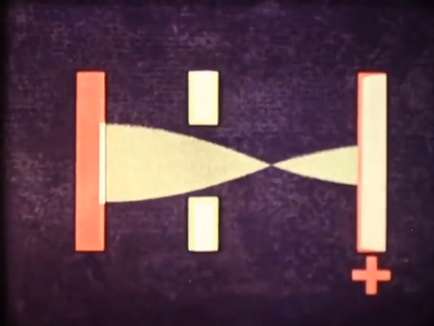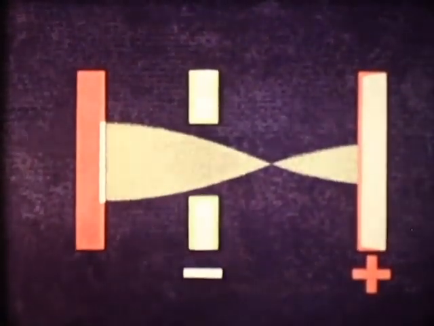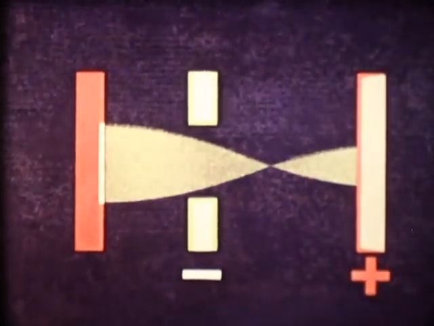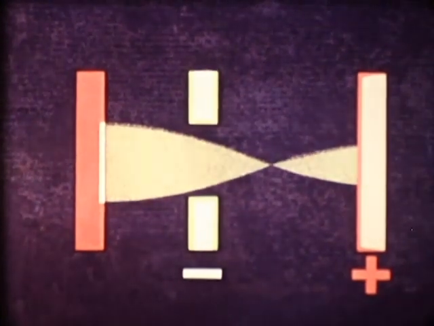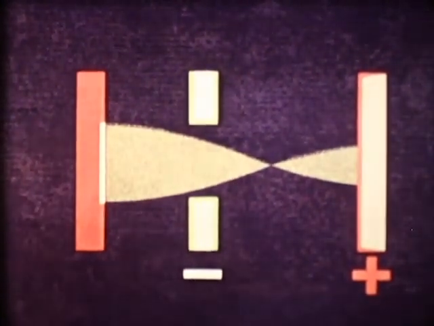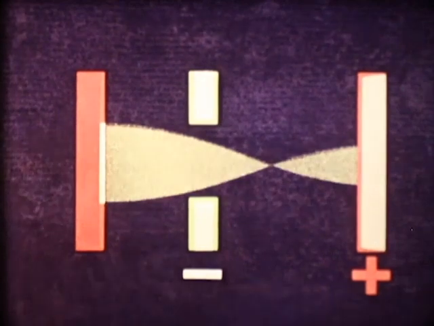Positioned between the cathode and anode is a Wehnelt cylinder, which enables the flow of electrons to be controlled. When the negative charge applied to the Wehnelt cylinder is increased, the cathode will emit fewer electrons.